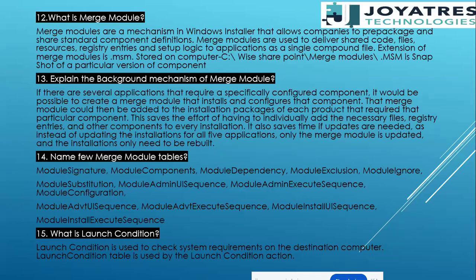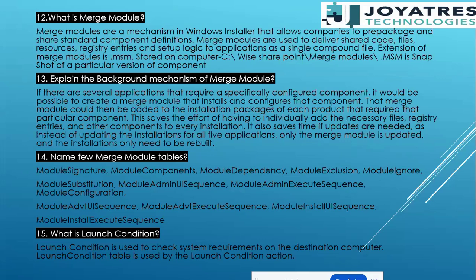Every application may require some set of files, folders or some component which is unique in all those 5. So maybe it is a scenario where it may exist. If you just change those particular files, folders or components, then you do not have to package all 5 applications, or whatever 6, 7 applications.